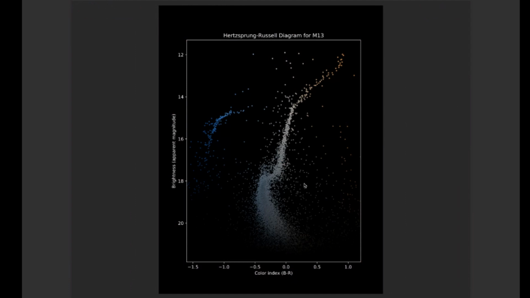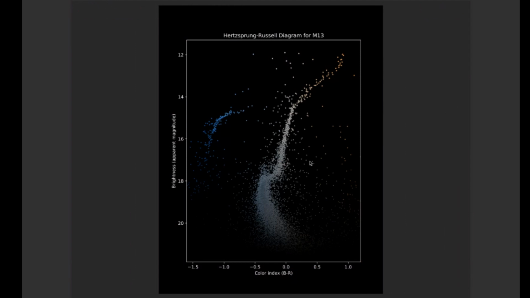And so, now there's a few other things to say about both his picture and my picture. Most of these other things over here are probably just other stars that are not in the globular cluster. You point your telescope in any direction in space and there's stars in your picture.